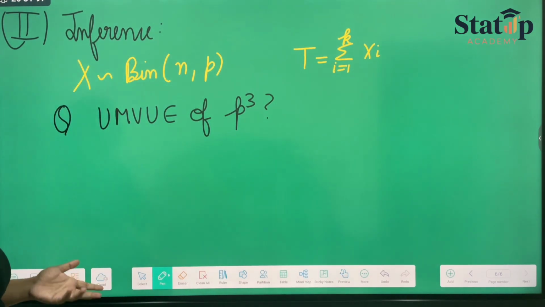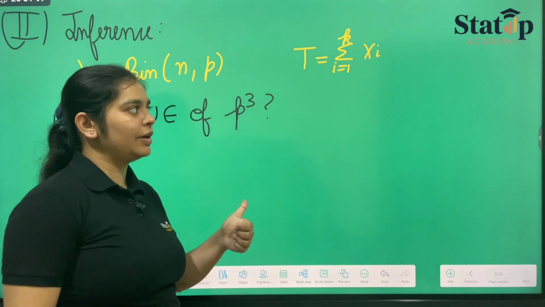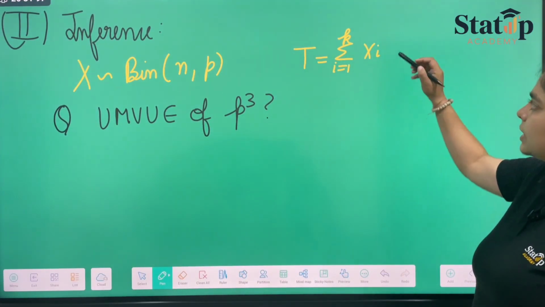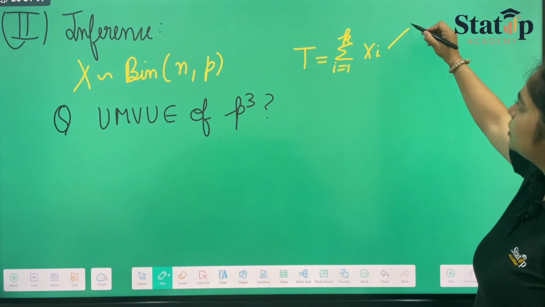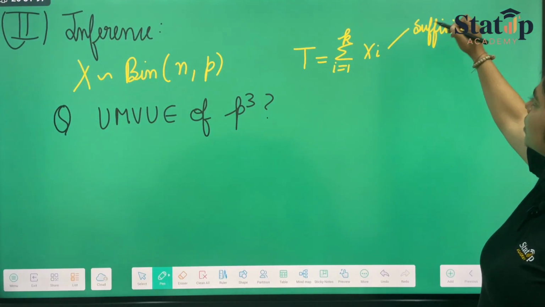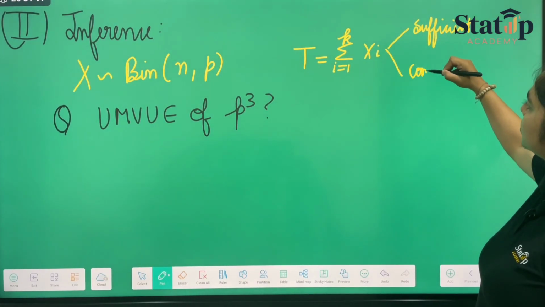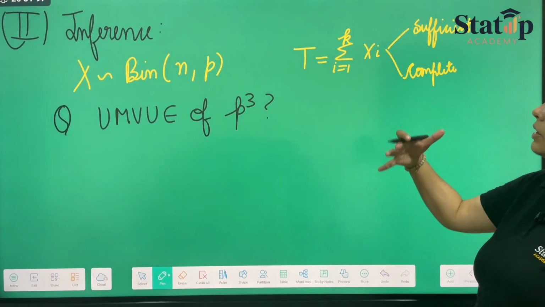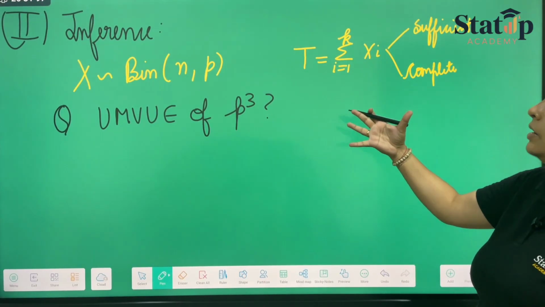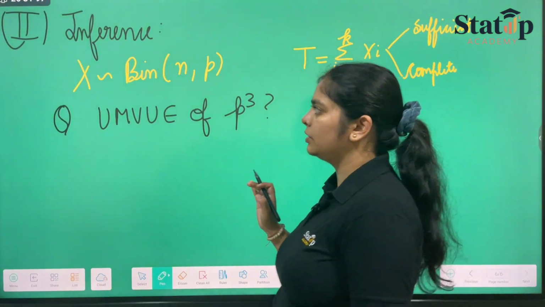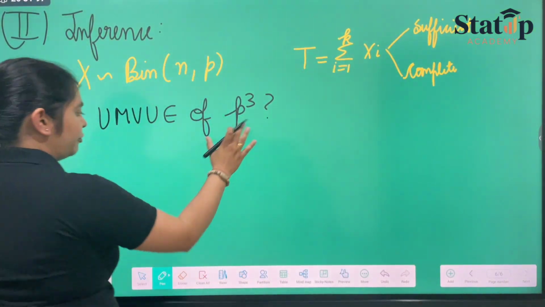Now, first of all, for the UMVUE, we have to check whether this T is a sufficient and complete statistic. It is sufficient and it is complete. So, any unbiased estimator or function of T will form our UMVUE of p cube.